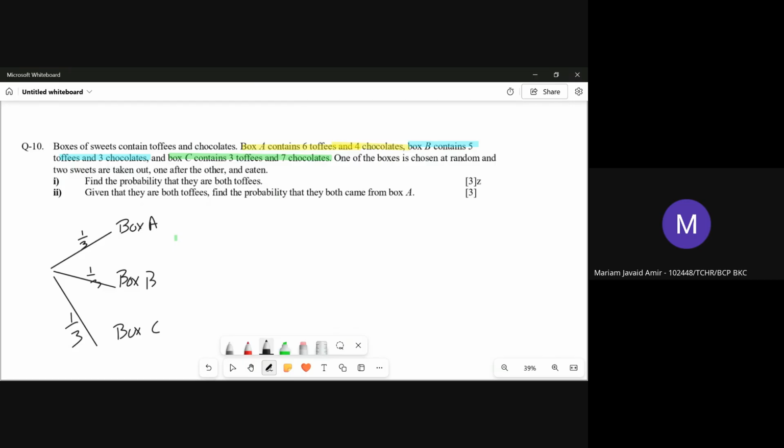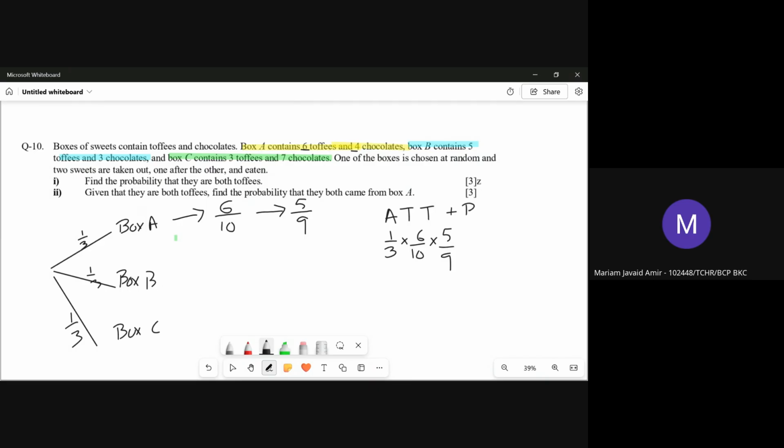From box A, the probability of getting a toffee would be 6 upon 10, as there are 10 candies in total. Then the probability of getting a toffee again would be 5 out of 9, since one has been eaten. So box A selected and then two toffees would be 1/3 times 6 by 10 times 5 by 9.